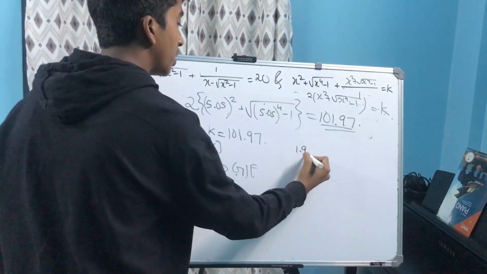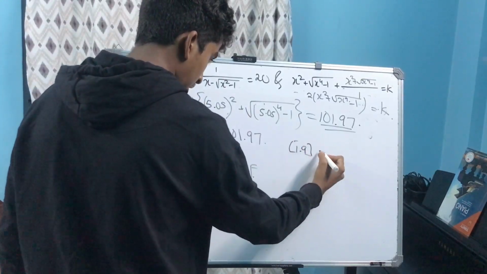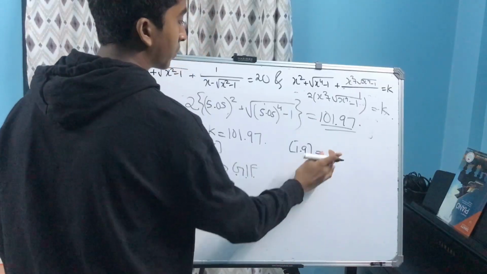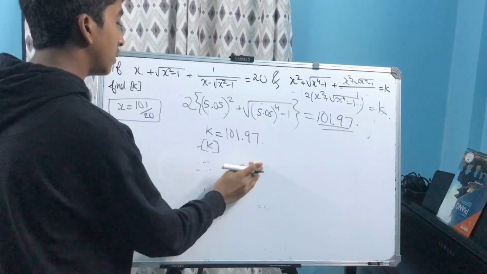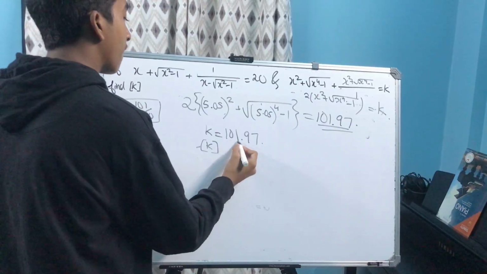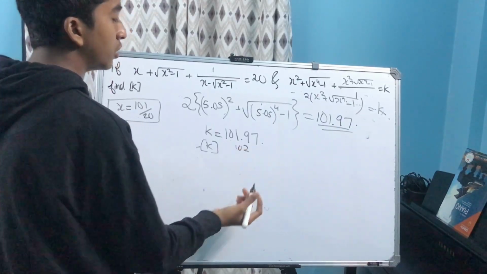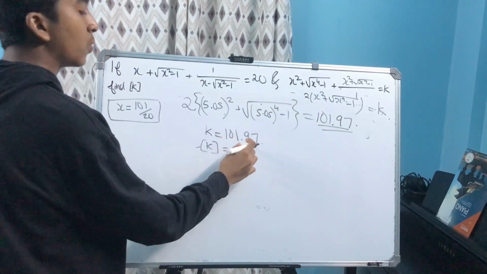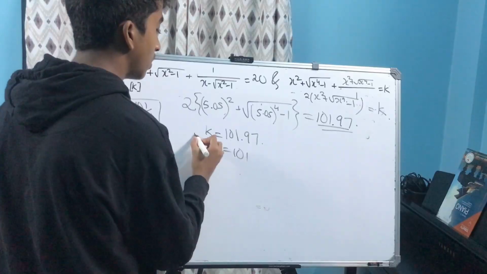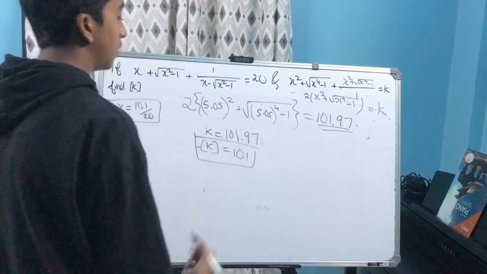And if you have 1.9, the greatest integer function will give out 1. And in this case, of course, the closest integer to this is 102, but the greatest integer less than 101.97 is 101. That is our answer.